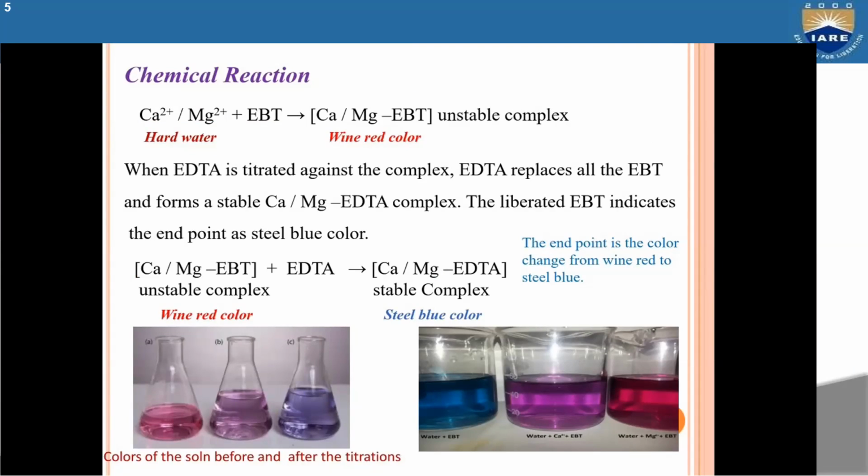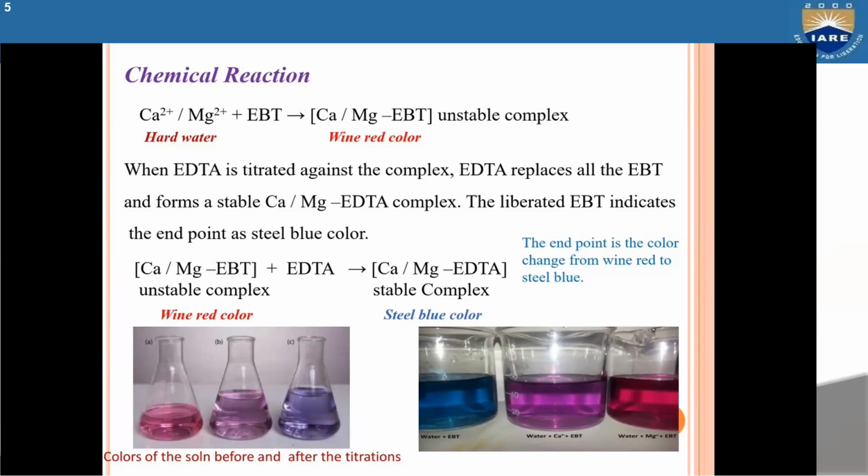So hard water contains calcium and magnesium ions. We titrate it with the Eriochrome Black T indicator and get an unstable complex, which is wine red. When EDTA is titrated against the complex, EDTA replaces the EBT and forms a stable calcium magnesium EDTA complex. That color is steel blue.